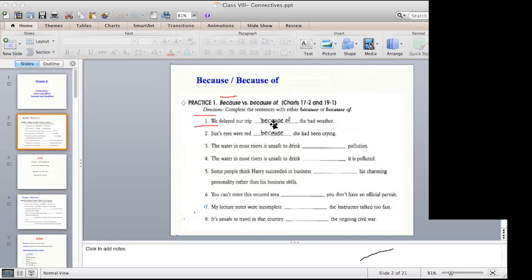But when we have a sentence like she had been crying, we use because she had been crying, which has a subject and verb. If we have a sentence, we use because or since or as. But when we have a noun, we use because of or due to. So keep in mind preposition, okay? That's what you should keep in mind. Okay, thank you.